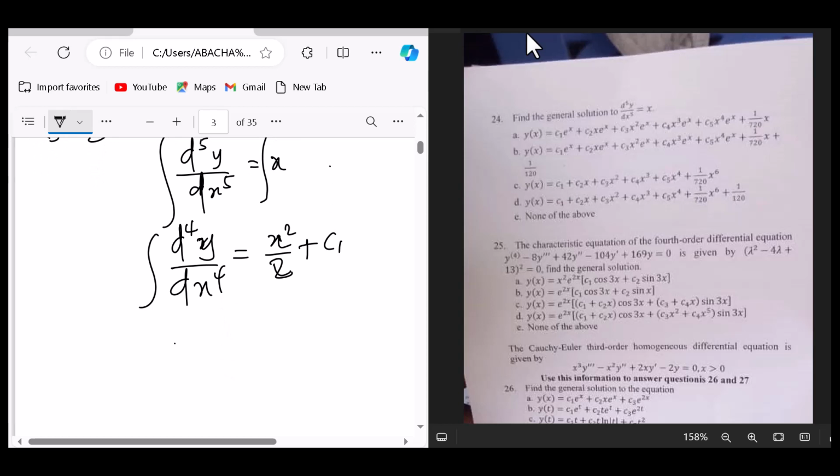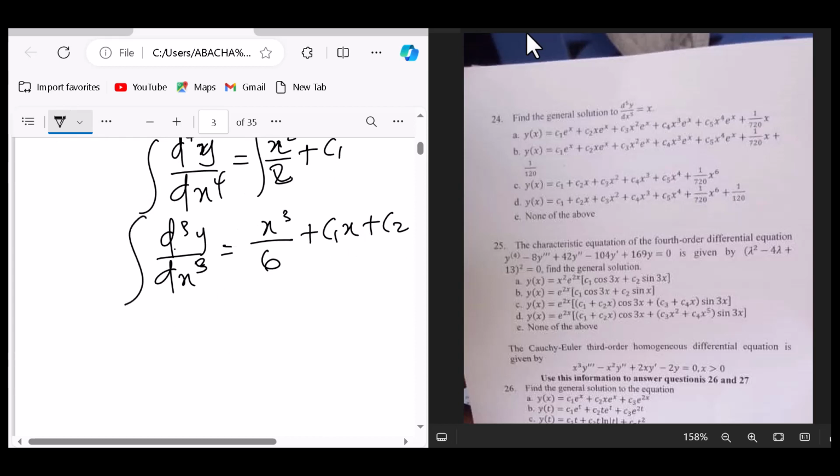We integrate again, that will be d^3 y/dx^3 equals x to the power 3 over 6 plus c1 x plus c2.